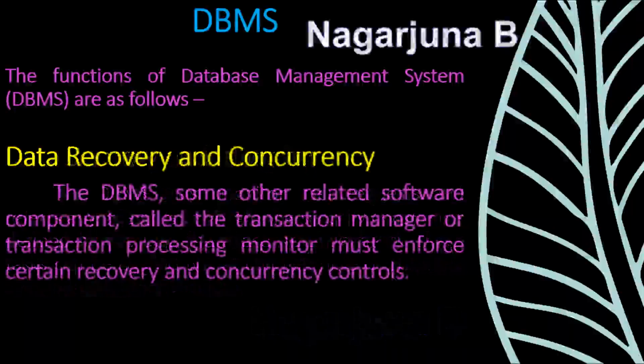The next functionality is data recovery and concurrency. In a DBMS, some other related software component called the transaction manager or transaction processing will be there, and it should monitor and ensure that certain recovery and concurrency controls are enforced.